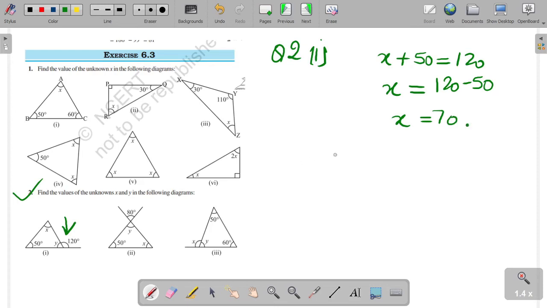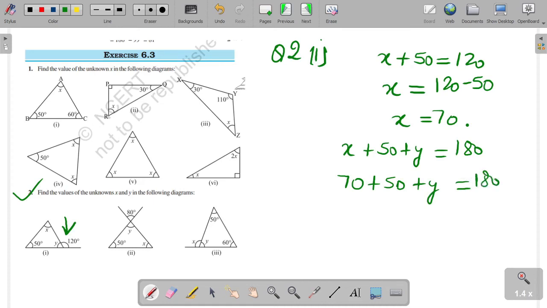So after this we can use angle sum property, that is x plus 50 plus y equals 180. So 70 plus 50 plus y equals 180.